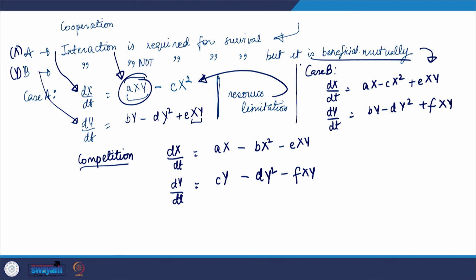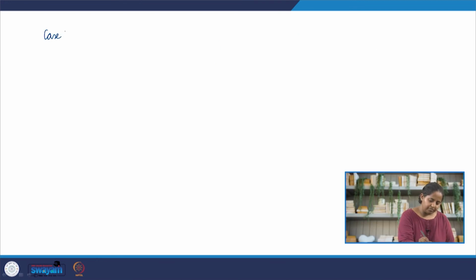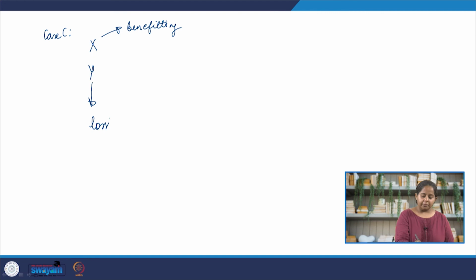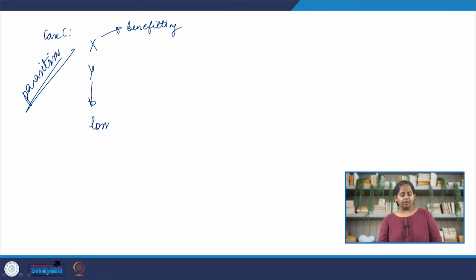Now the third scenario that we are going to look at is that of parasitism. So case C is when one species is benefiting, X is benefiting from the interaction, and Y is in loss. This is also called parasitism. Now in parasitism, the assumption is that X cannot grow without Y. So again, we can have two different scenarios here.